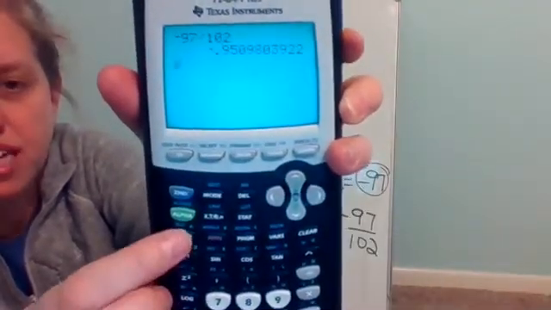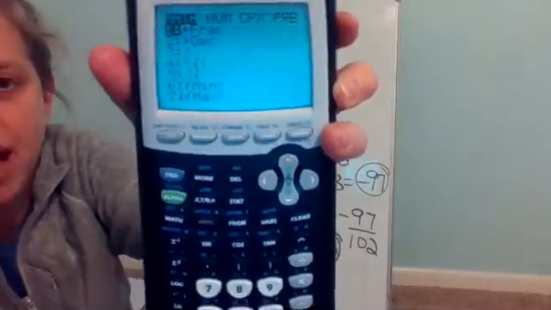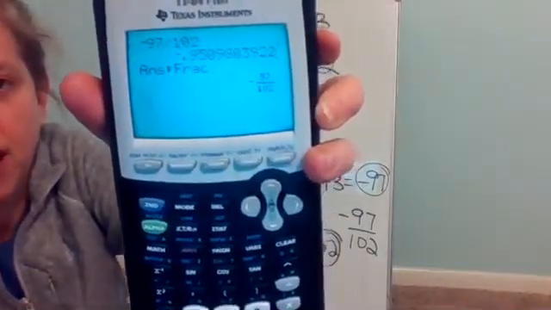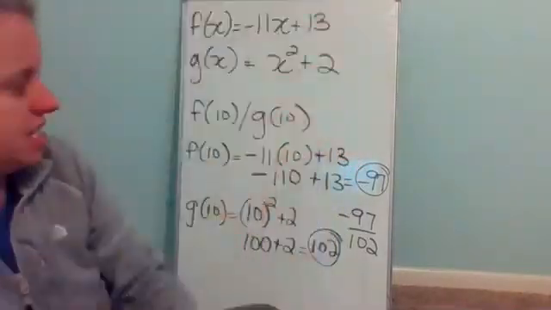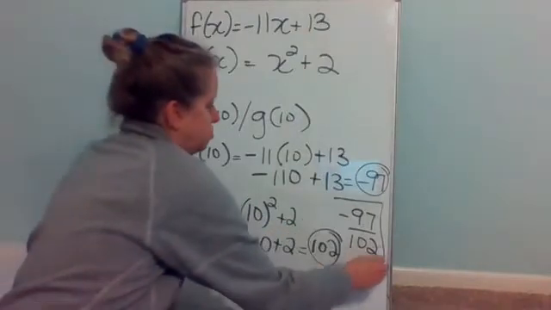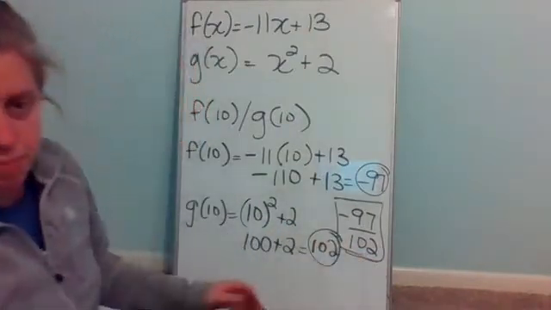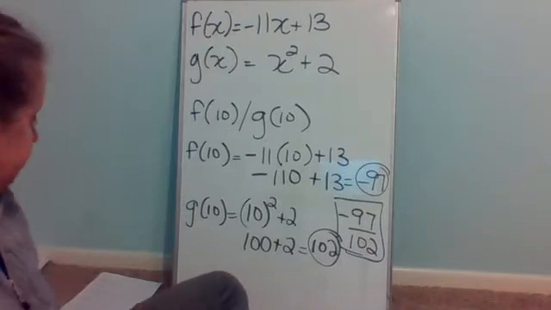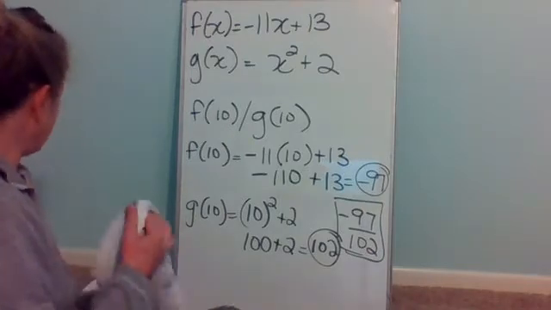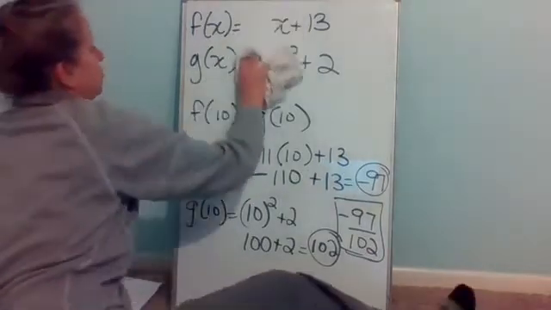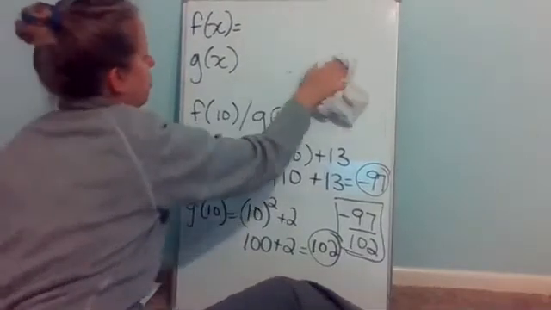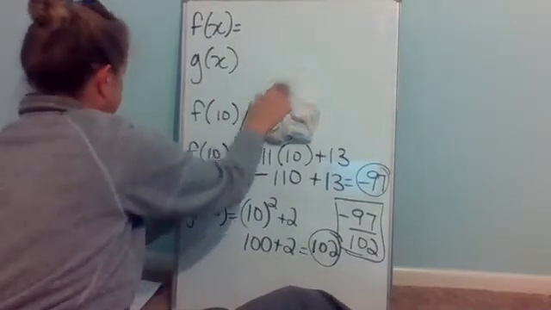Remember, it's going to give you a crazy fraction, but then just hit enter. And it still says negative 97 over 102, which just means that was in its simplest form. Okay. All right, number 12. Again, it's going to give us 2 functions, one for f of x and one for g of x.